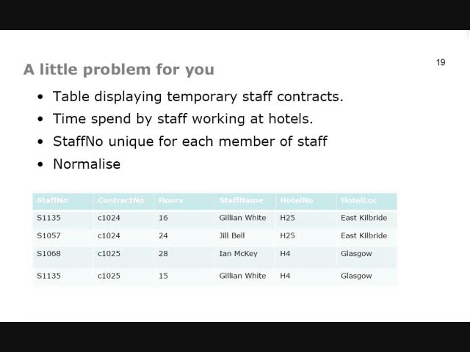So I need to end up with a relation that has a staff number and a staff name, for which a staff number is the key. Now that has got one attribute which is fully functionally dependent on the key, so I am okay. And then I need to have another one which has a staff number and contract number and hours and hotel number and hotel location.